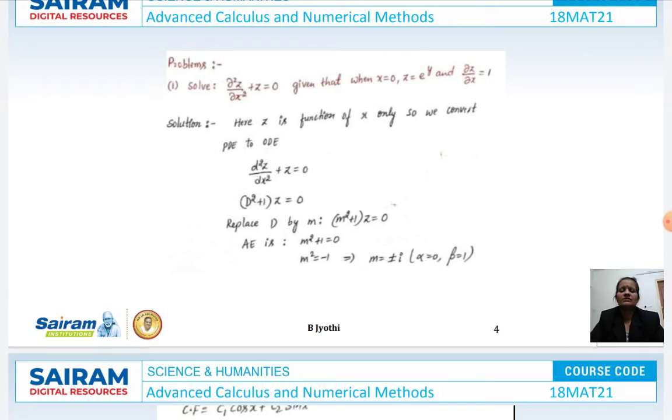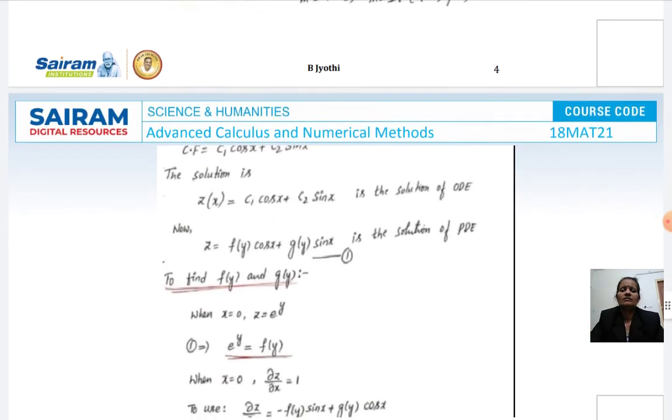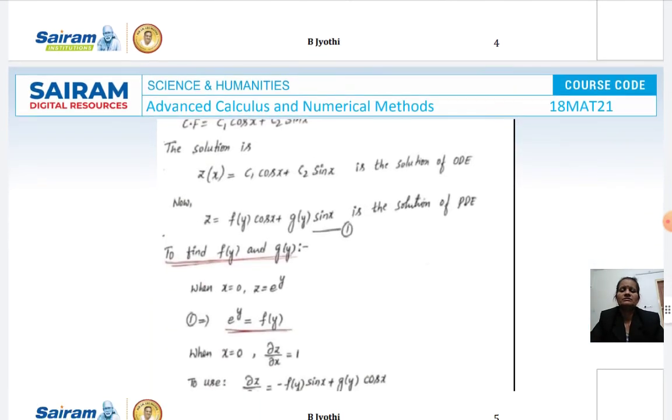Replace D by m. That is, we get the auxiliary equation m² + 1 = 0. Solving this equation, we get m² = -1, that is, m = ±i. Here the real part is 0 and the imaginary part is 1.